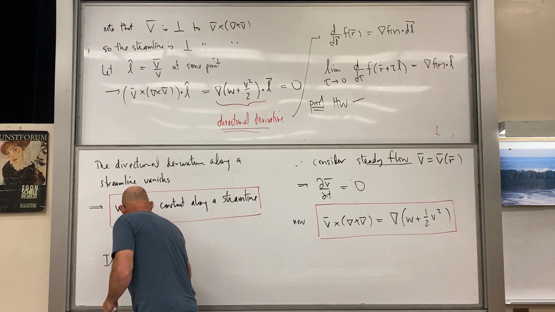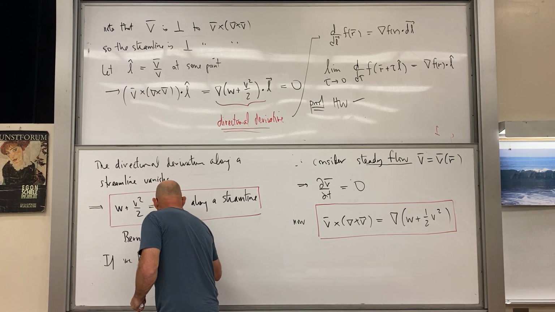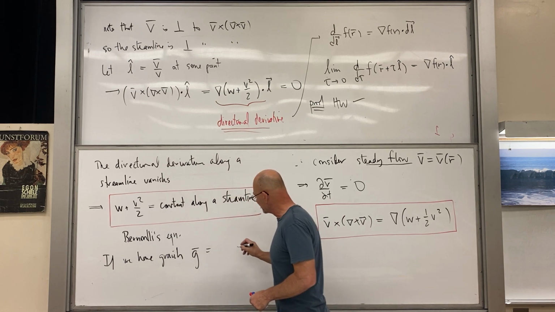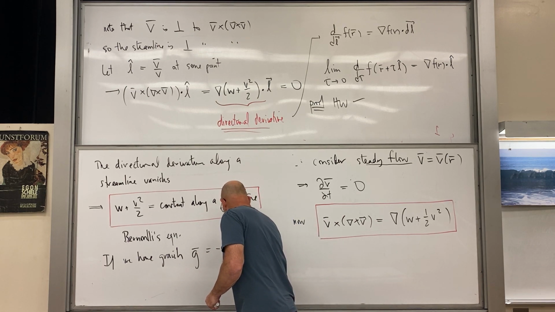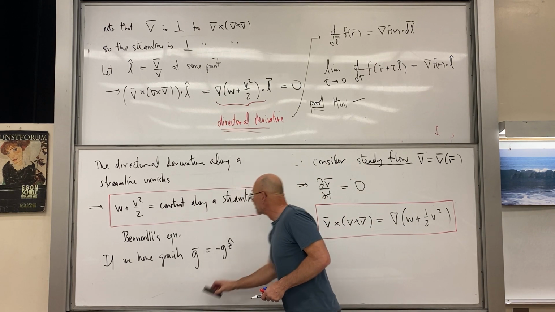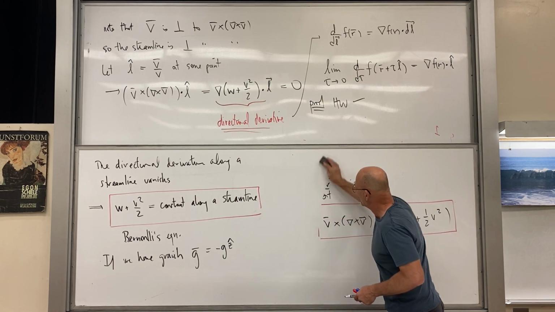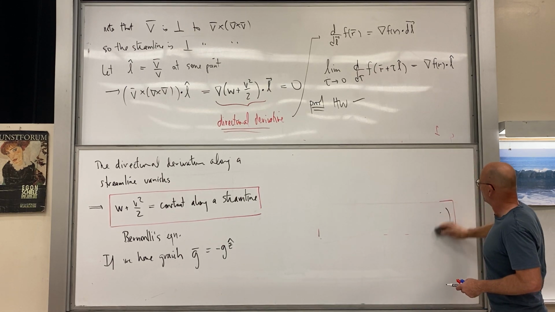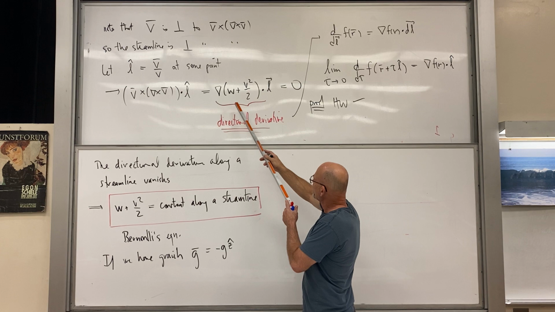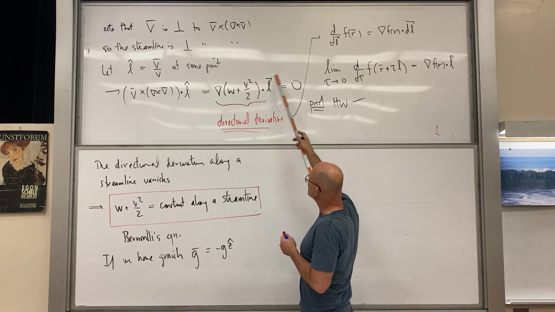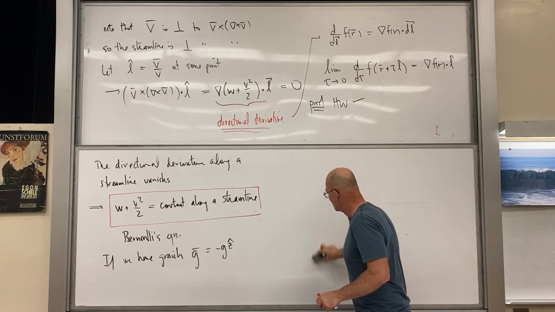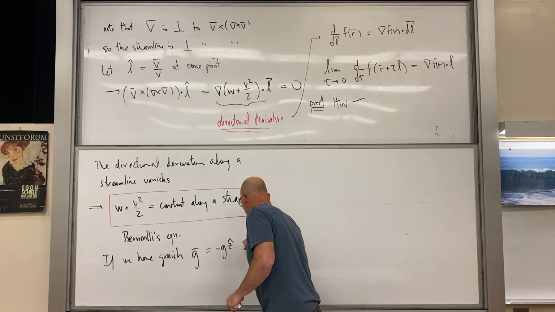If we have gravity, so that g is equal to, and we'll use the z-axis, minus g z hat, then we can build that in and make that substitution. P over rho plus g z if we want to as well.